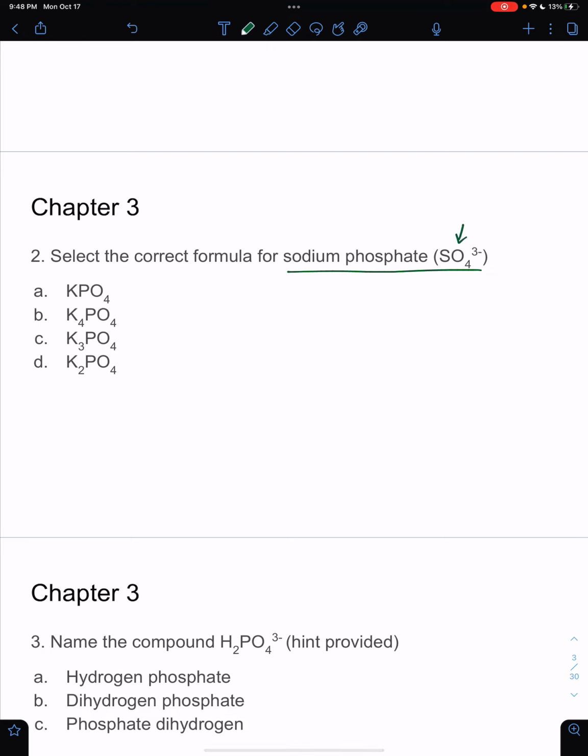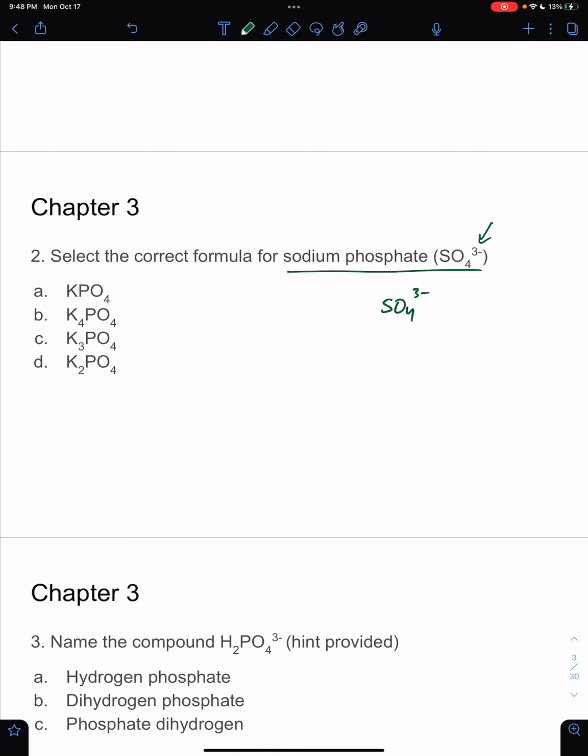So I assume she's going to give you like the charge of the polyatomic ion. So based on the charge, phosphate has a -3 charge. You can see that here. So all you have to do is balance it. Kind of what we did in the beginning, just backwards.